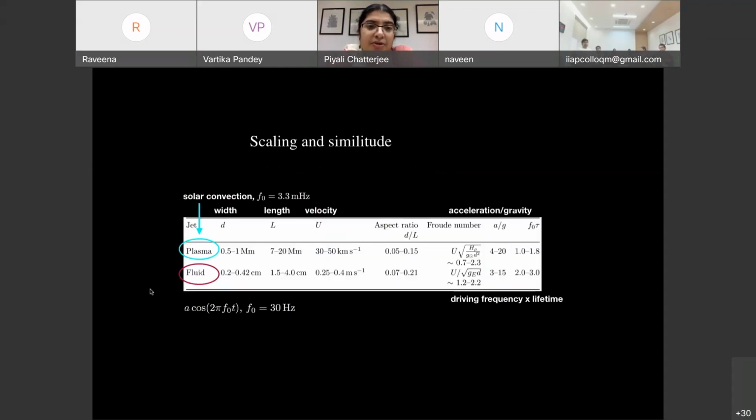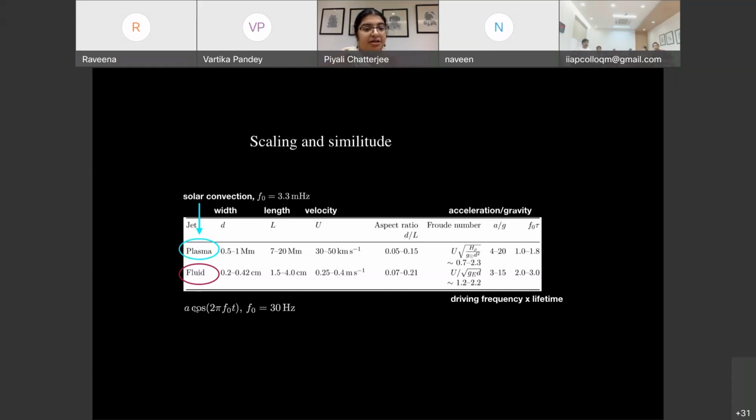Now if we would like to give some scaling arguments about the similitude between the observed solar spicules and these paint jets that I showed you: on the Sun, solar convection is powering these plasma jets. The typical frequency of vibration that you would see on the solar surface is the well-known 5-minute mode of the granulation, and that amounts to about 3.3 millihertz.